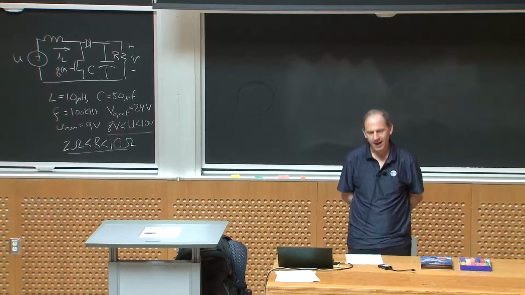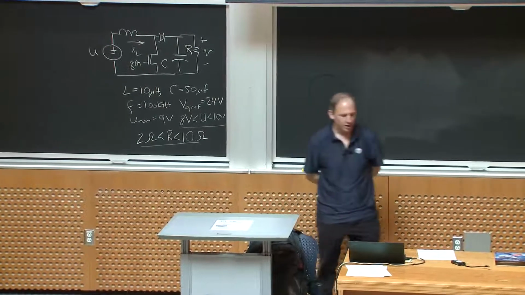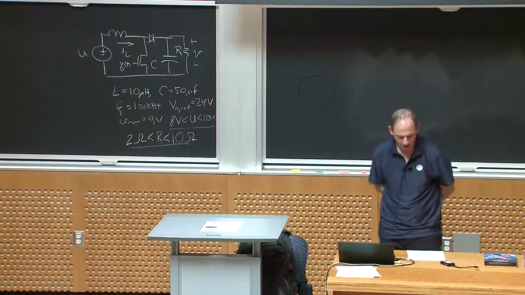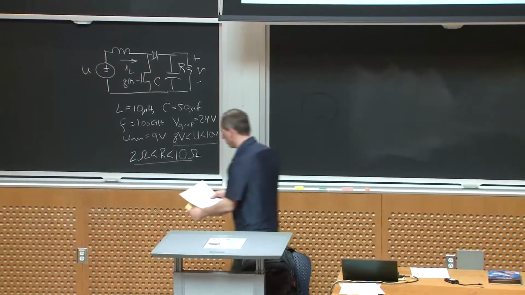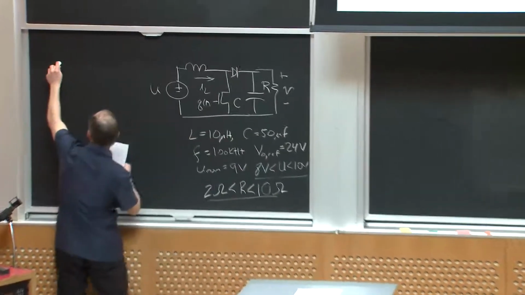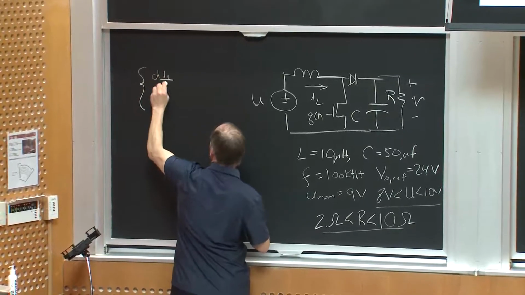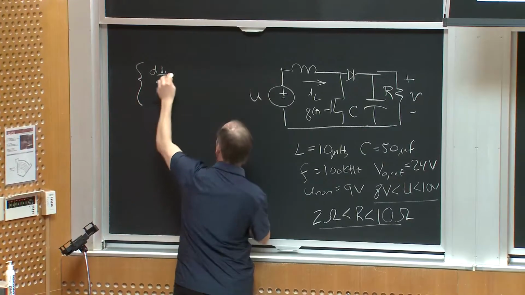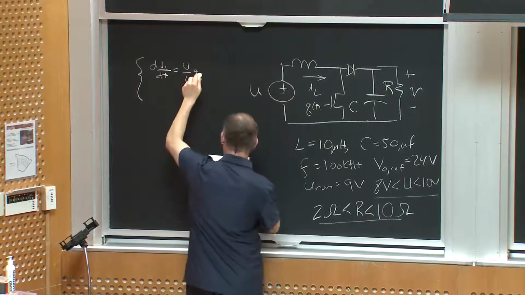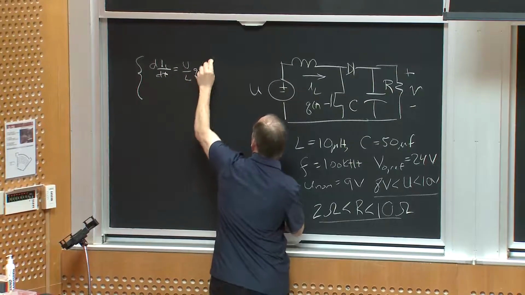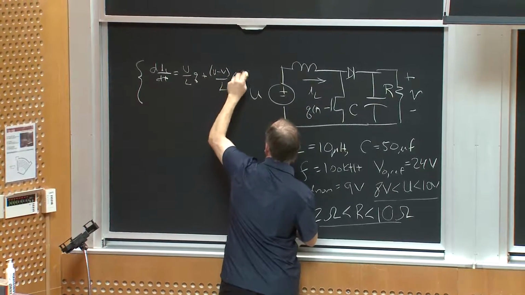Let's step back and just remember what we did to model all this stuff. We started off with the switched equations of state, right? So I'm just going to copy these down just so we can see the progression. So this is dIL/dt is equal to U over L times Q plus (U minus V) over L times (1 minus Q).